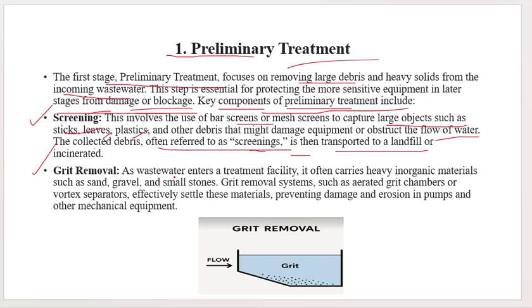As wastewater enters a treatment facility, the water is flowing, and it often carries heavy inorganic materials.